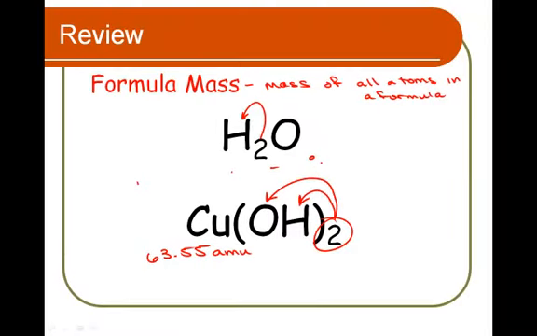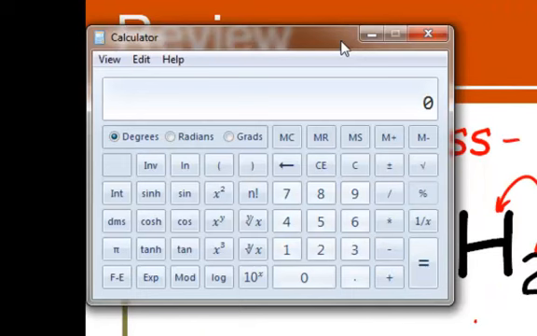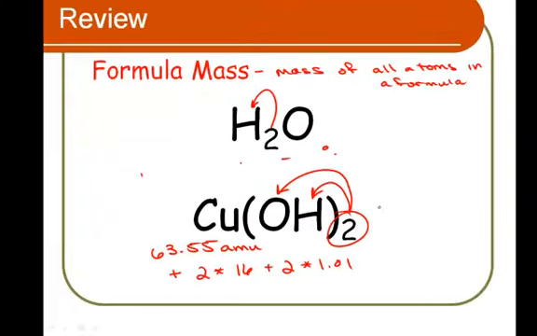So that means that we take 2 times 16 plus 2 times 1.01. So we take 63.55 plus 2 times 16 plus 2 times 1.01, and we get a mass of 97.57 AMU. That's the mass of the formula, copper(II) hydroxide.